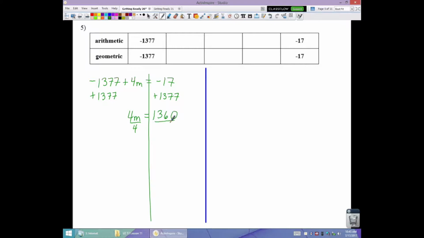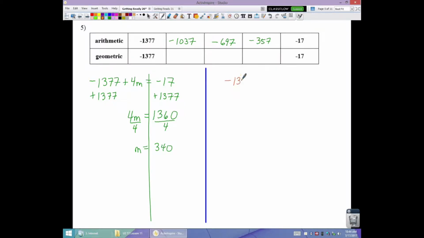Divide both sides by 4. M would be equal to 340. So negative 1377 plus 340, negative 1,037, plus another 340, negative 697, plus another 340, negative 357, and if you add it one more time, you're at negative 17.